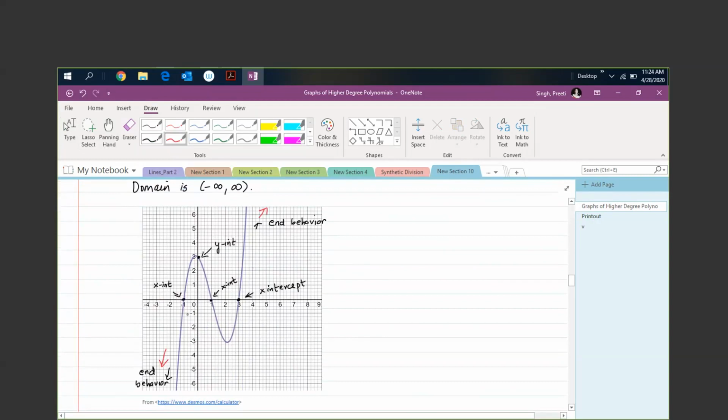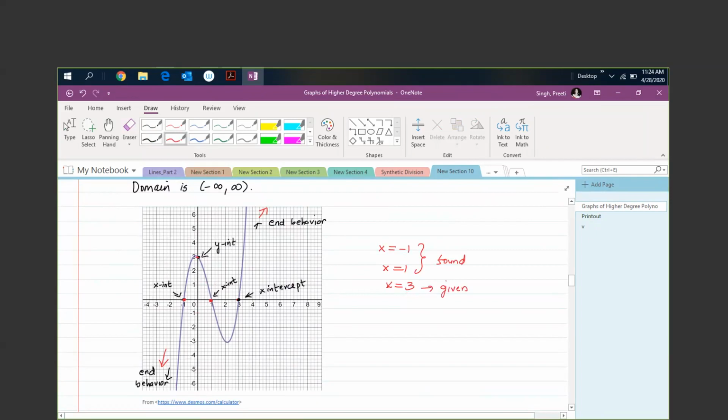In between, it has to cross x-intercepts. I found these three as my x-intercepts. If you remember, x equals -1, x equals 1 and x equals 3 were my zeros. Remember, we found these using synthetic division, and this was given. So a function has to cross all of these, and also has to cross at this 3, which was my y-intercept.